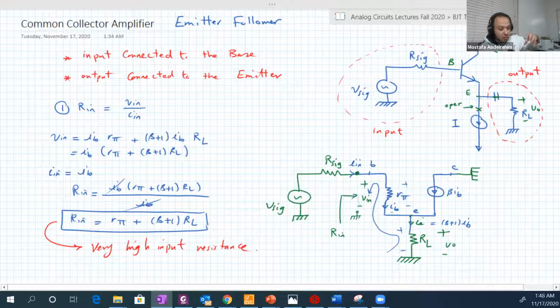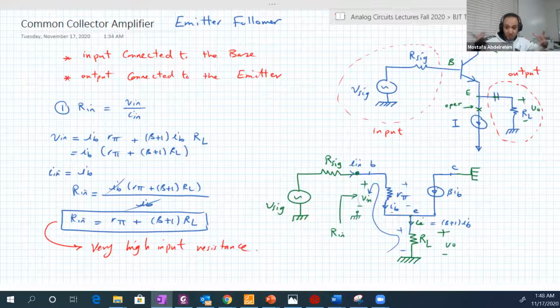And why is that? Because of the inclusion of beta here. Beta is usually 100, so when it multiplies something, it will be magnified 100 times. This, of course, will increase our input resistance. So this is the first advantage actually of the common collector amplifier.